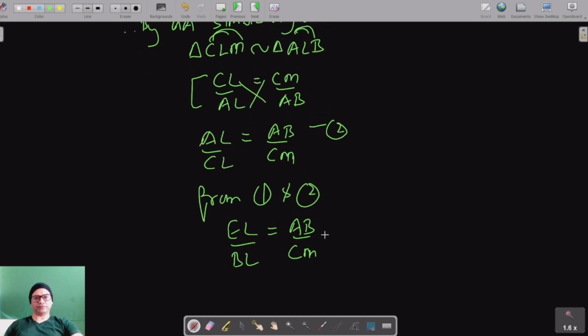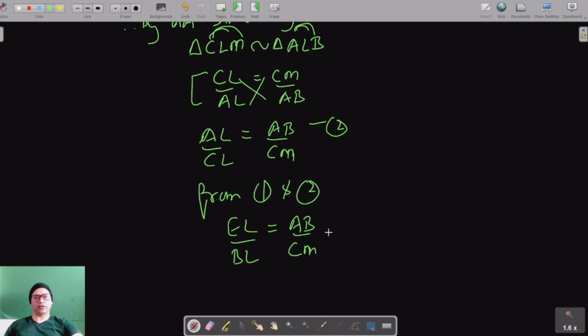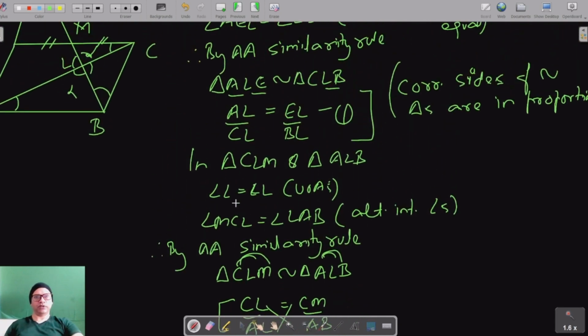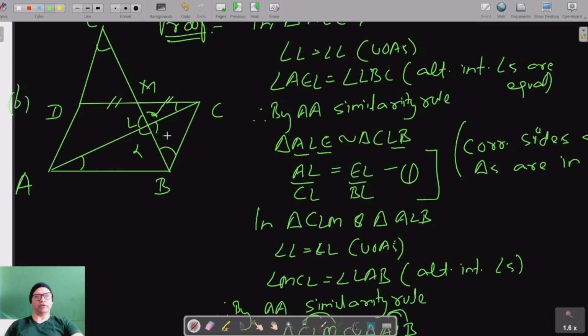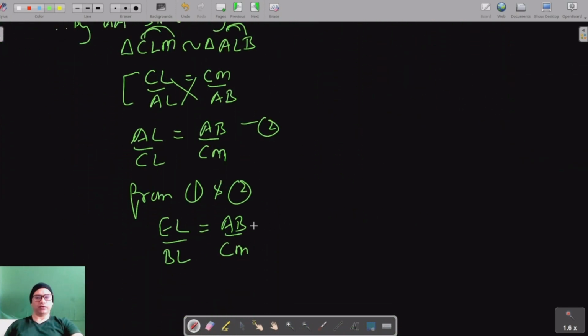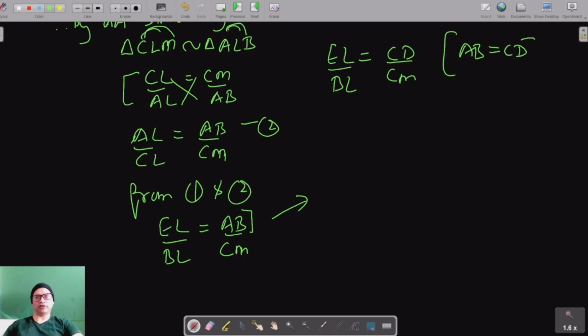Now AB is equal to CD because these are the opposite sides of the parallelogram. For this, I can write EL upon BL, and instead of AB, I can write CD upon CM, because AB is equal to CD, the opposite sides of a parallelogram are equal.